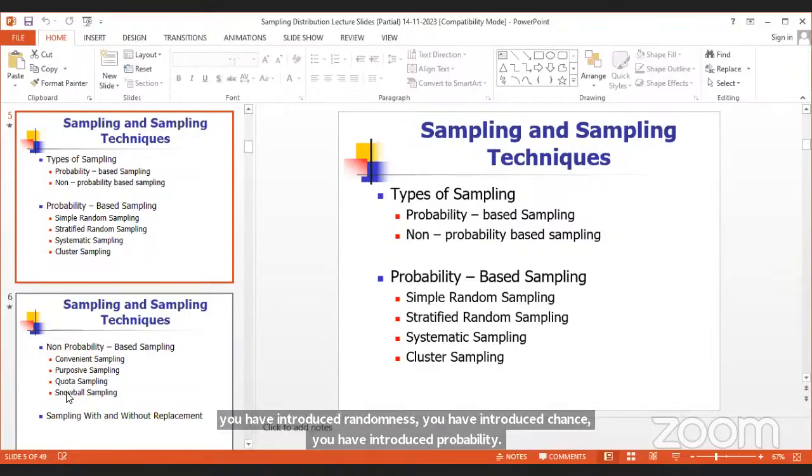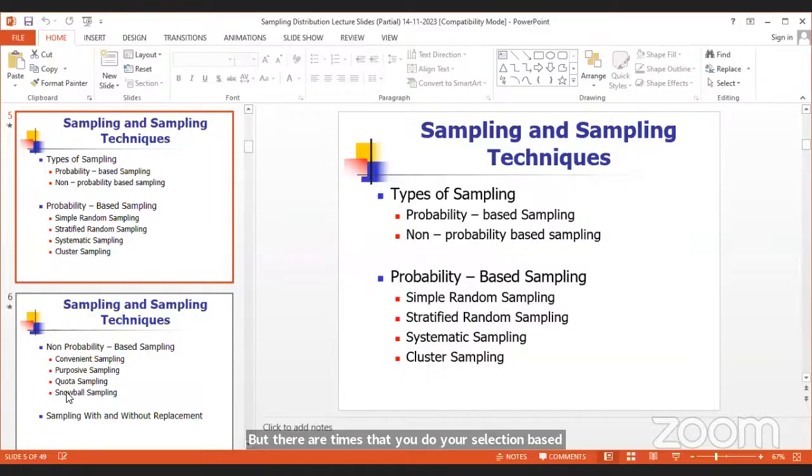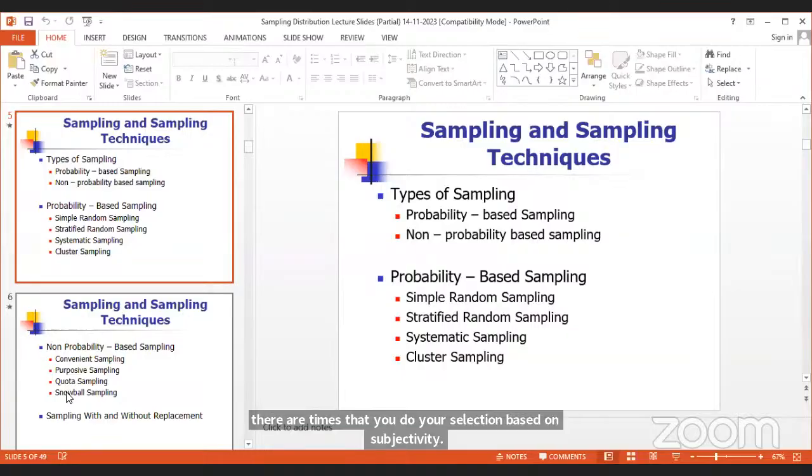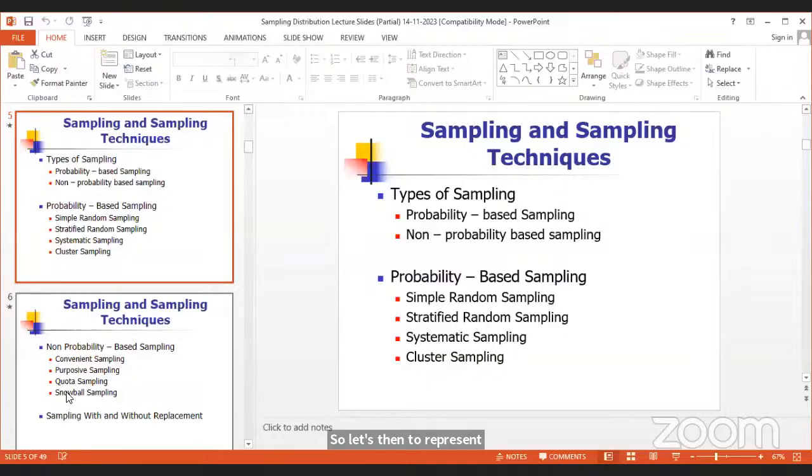But there are times that you do your selection based on subjectivity. You are subjective. Say I want to select them to represent University of Lagos in the next NUGA games. I can't select at random. I will select based on information.